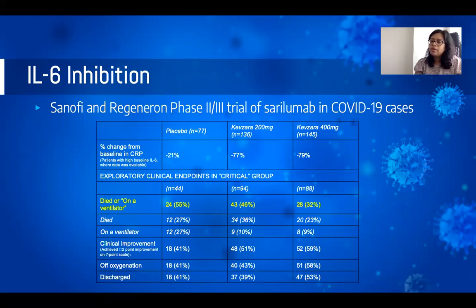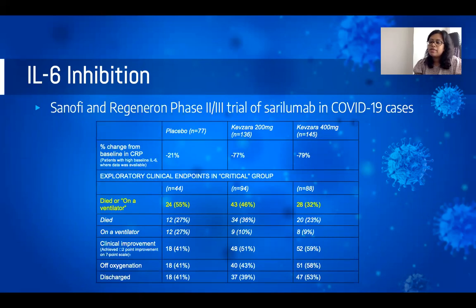So going through the IL-6 inhibition a bit more. The previous study resulted in Sanofi doing a trial of sarilumab, which is another IL-6 inhibitor, also known as Kevzara. This is an ongoing phase 2, phase 3 trial evaluating the effect of sarilumab on hospitalized patients with severe and critical COVID-19.